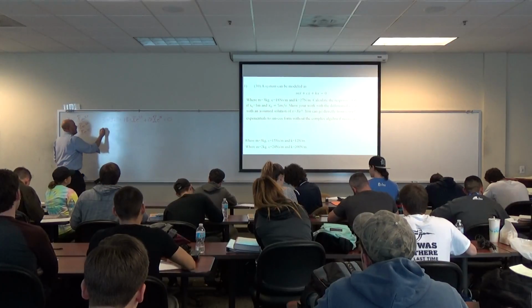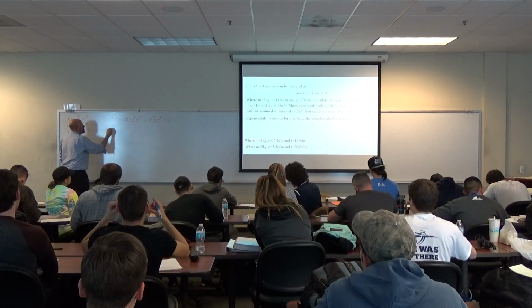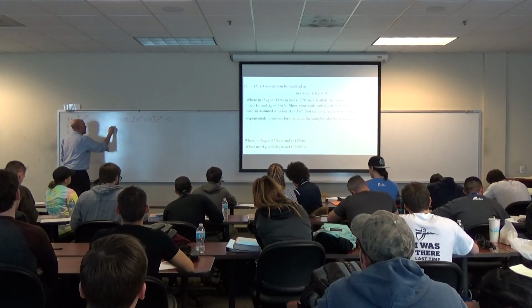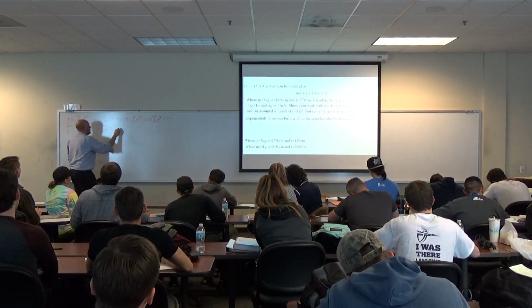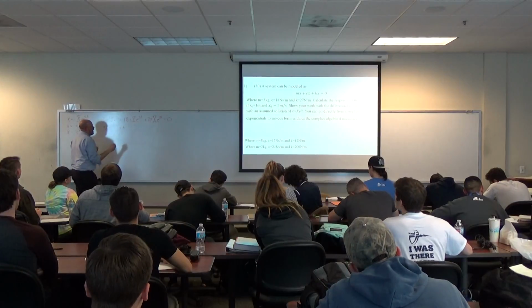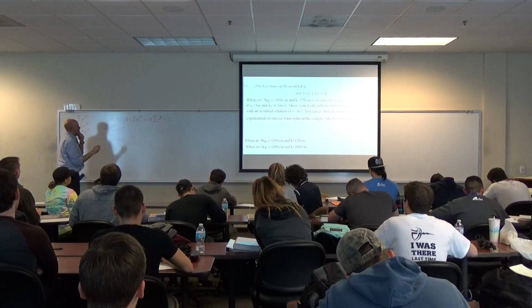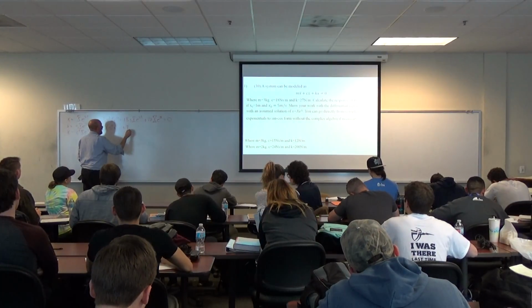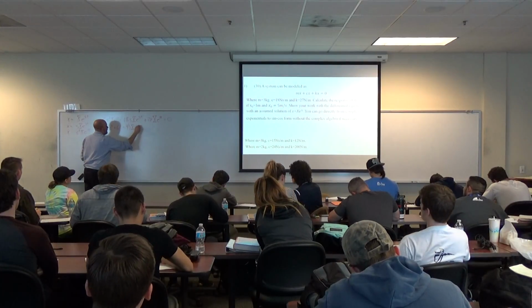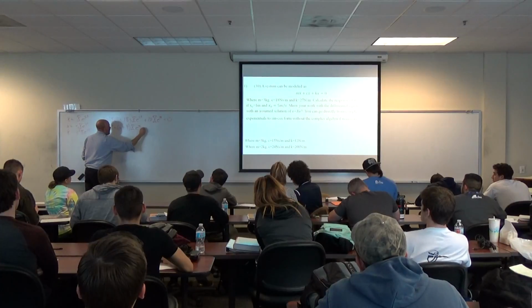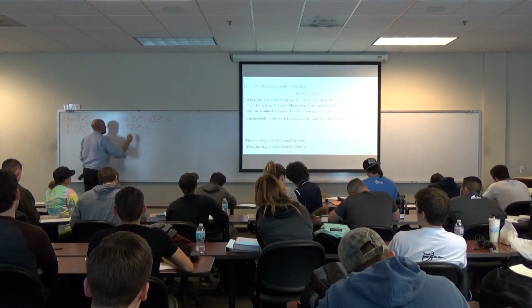We can pull out a 3, so it's 3 times s squared plus 6s plus 9, times x e to the st, equals 0.